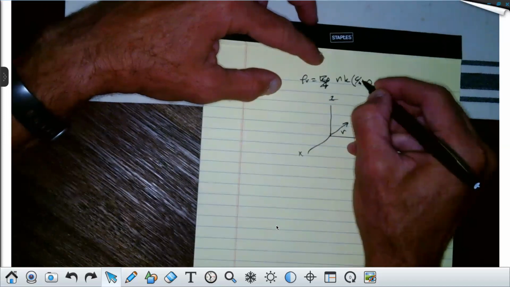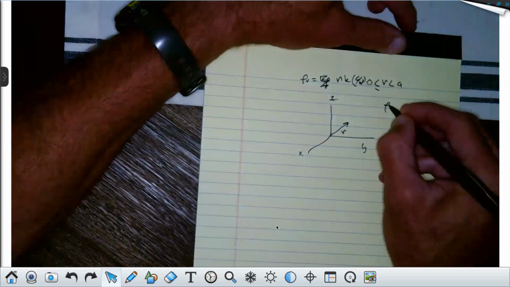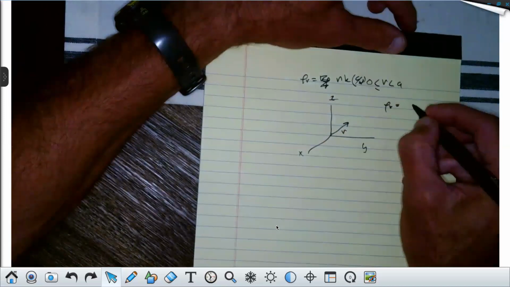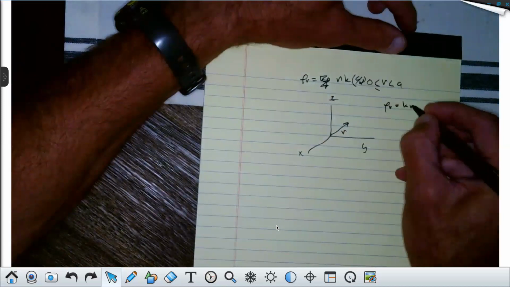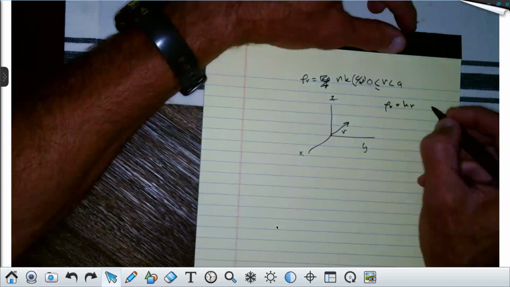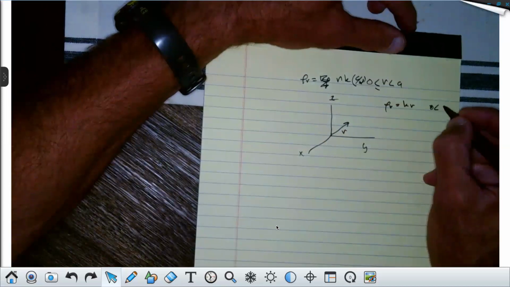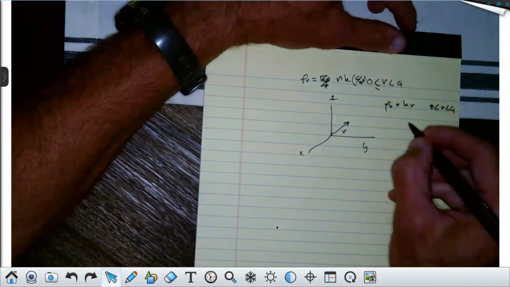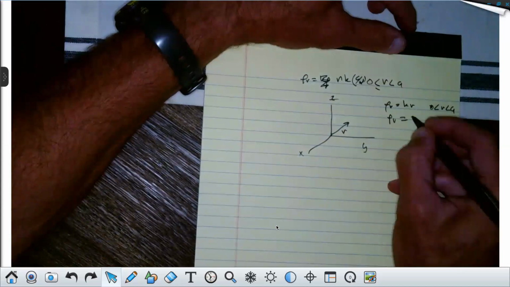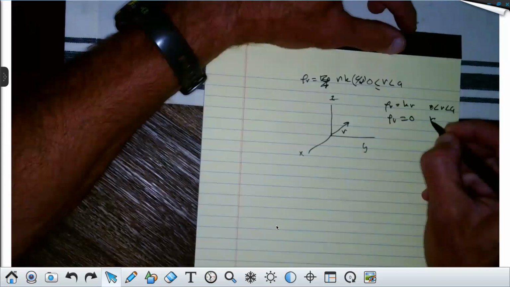Let me write that a little better. Rho V is equal to K times R, for 0 less than R less than A. And then rho V is equal to 0 for R greater than A.